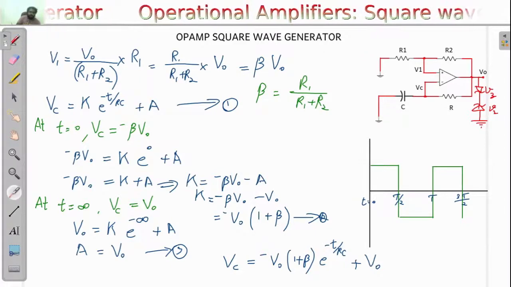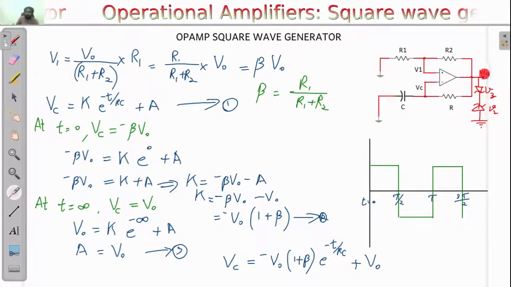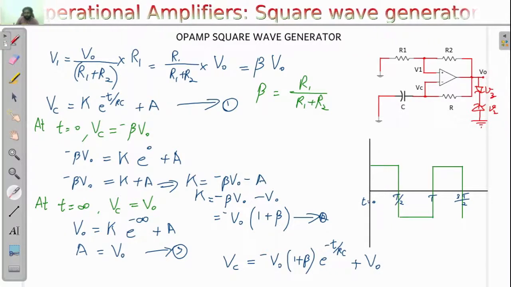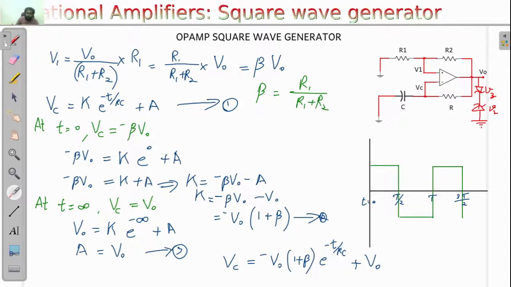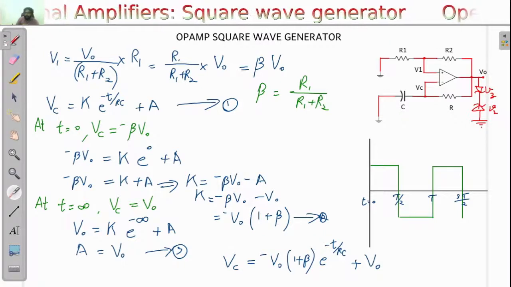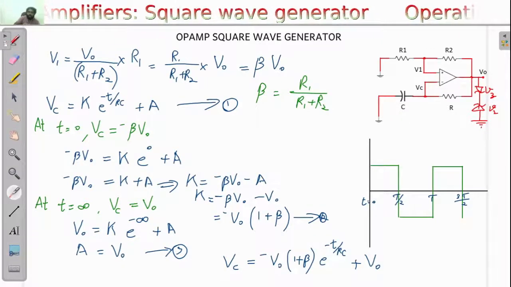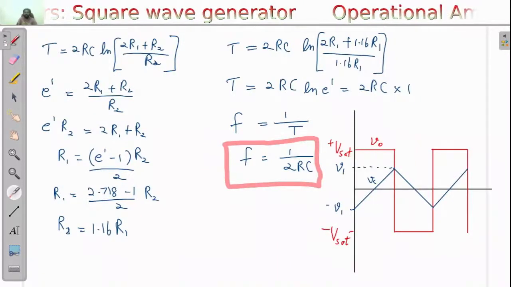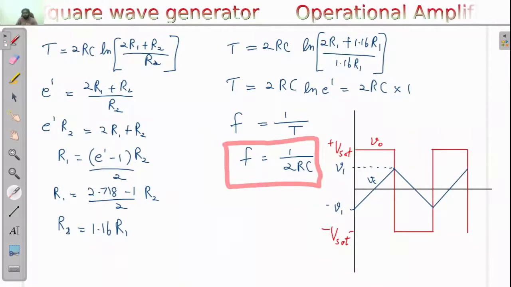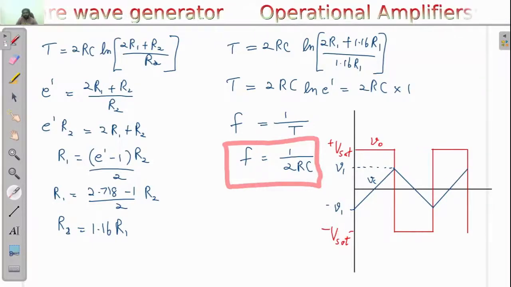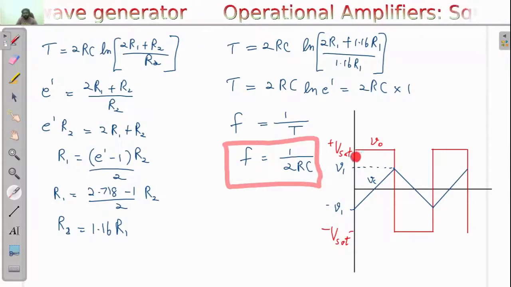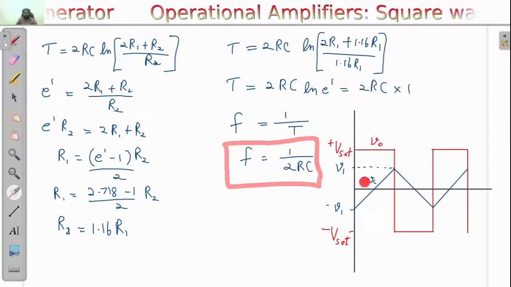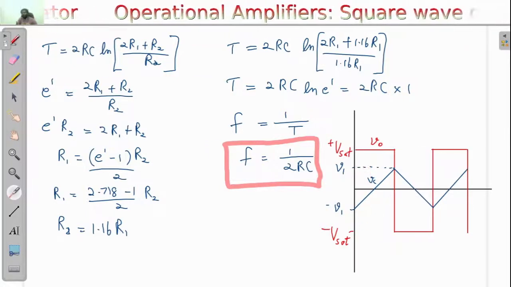According to this, your output voltage will be equal to plus VZ or minus VZ. It will not be the saturation voltage. So you can limit the output voltage. Without the diodes, it will be V saturation and minus V saturation, but with diodes it will be limited to V Zener and minus V Zener.